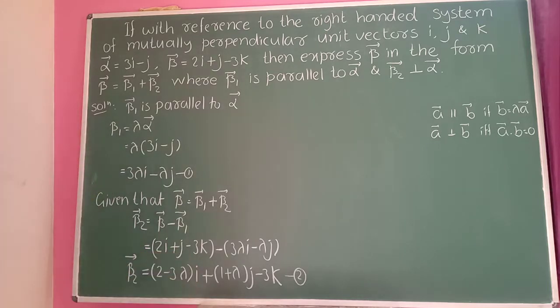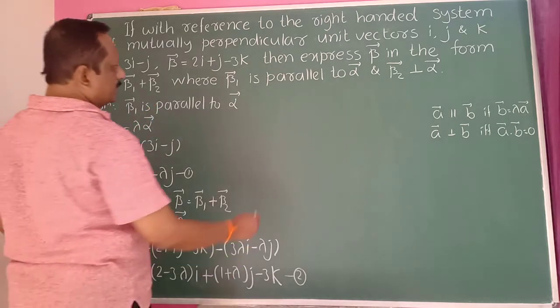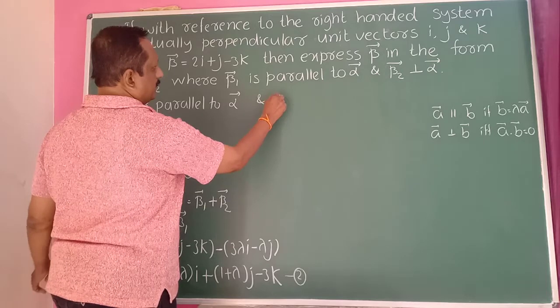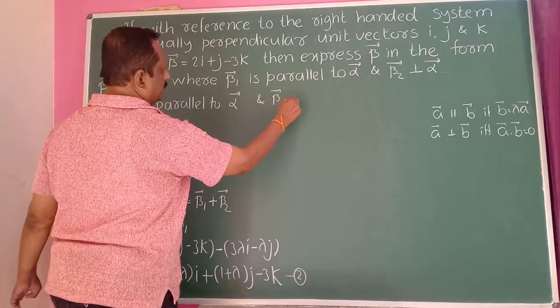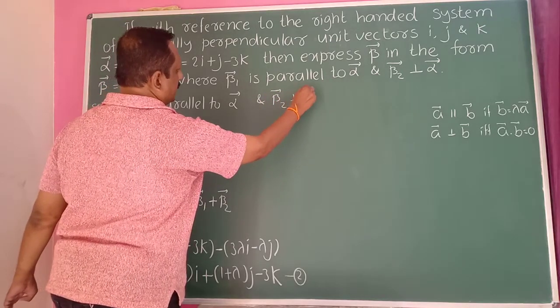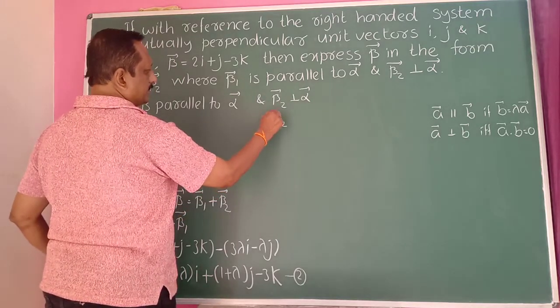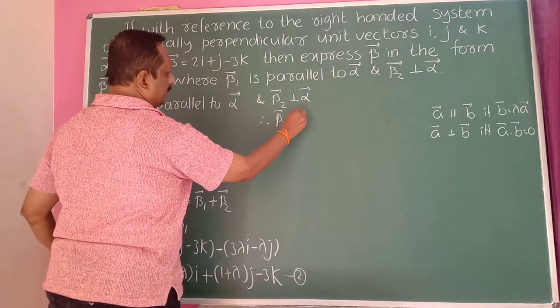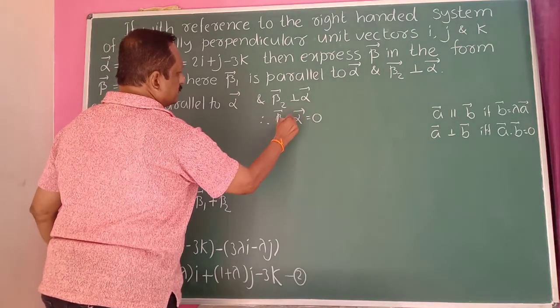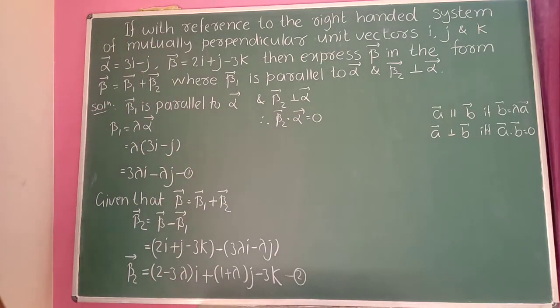Beta 2 is perpendicular to alpha bar. Therefore beta 2 dot alpha bar is equal to 0. Dot product is 0. Beta 2 is this vector, alpha is this vector, and their dot product is 0.